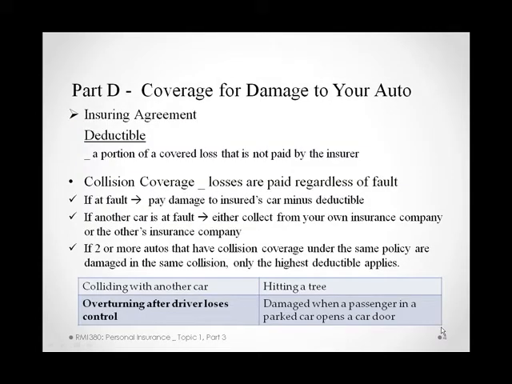Under insurance, there's a deductible. Now, we did not see a deductible section in the previous parts: Part A, the liability coverage, the medical payments, the uninsured motorist coverage. However, there is a deductible for the damage of your auto. Why is that so?